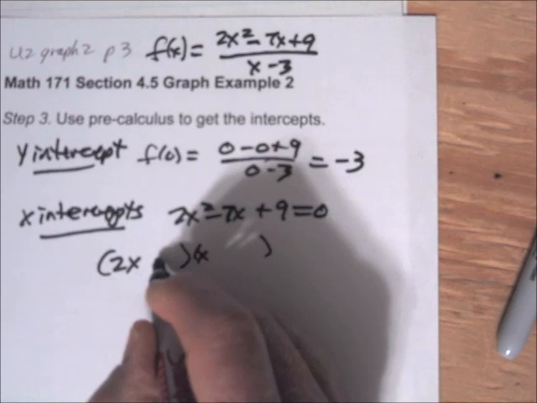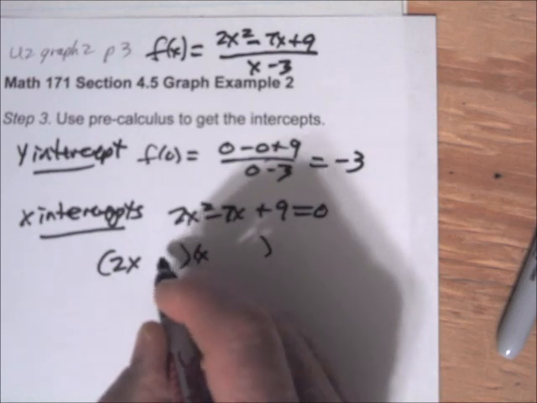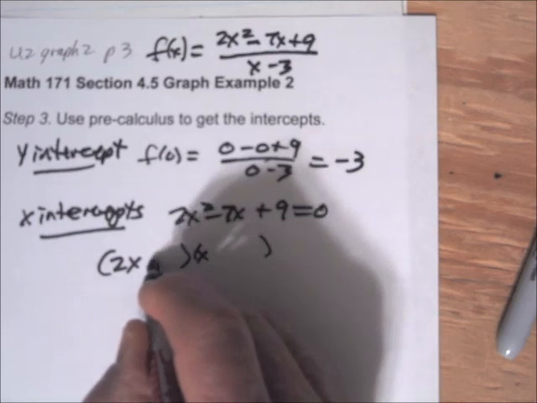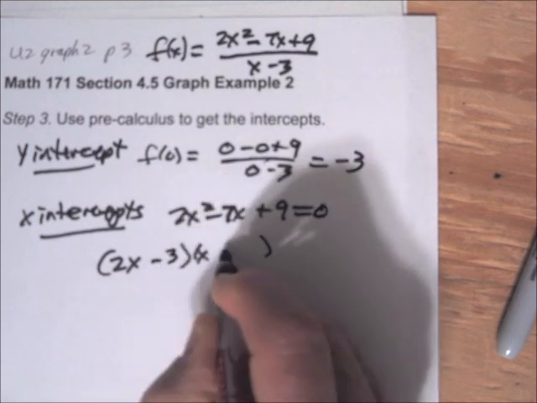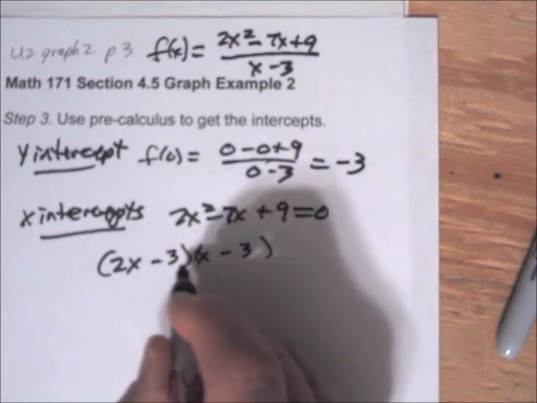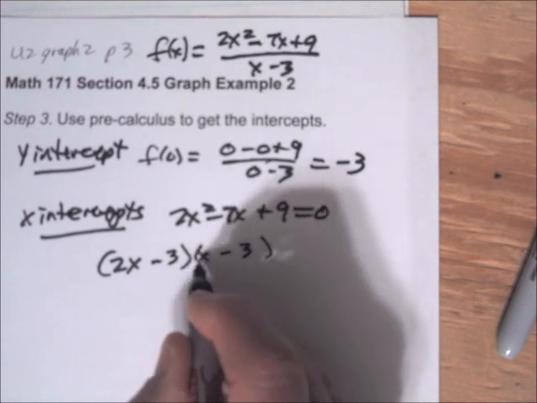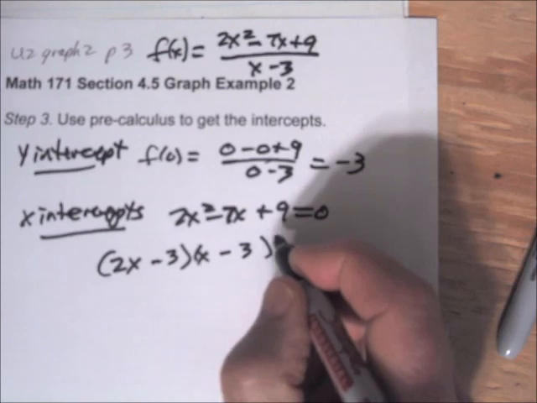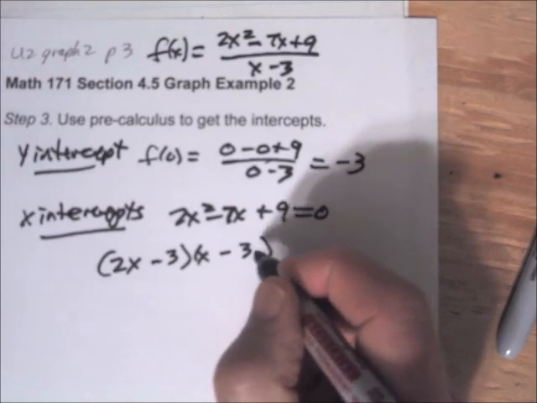It has to be a negative times a negative. So let's say minus 3 and minus 3. I think that will do it. So the outer product is minus 6x, inner product is... no, that doesn't do it. So maybe we have to use the quadratic formula here.